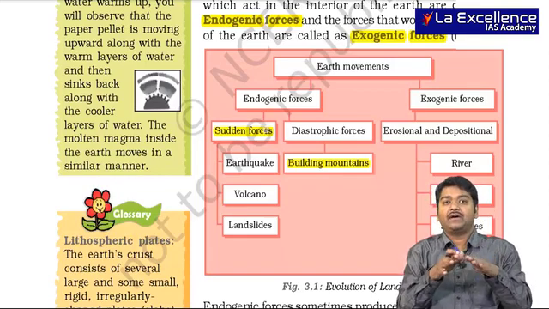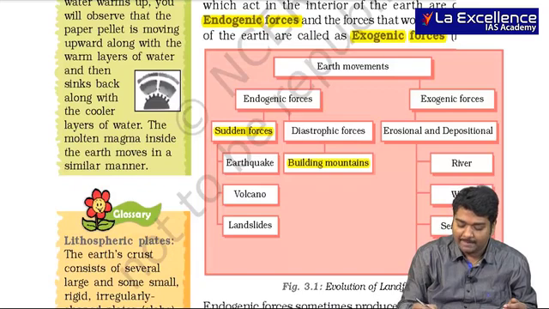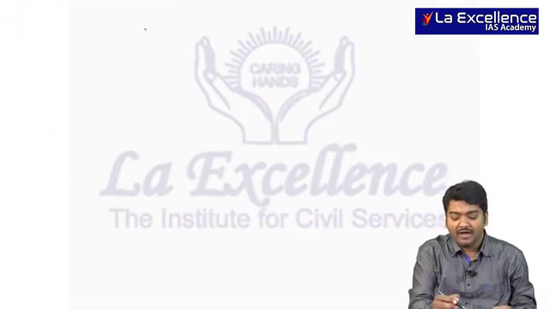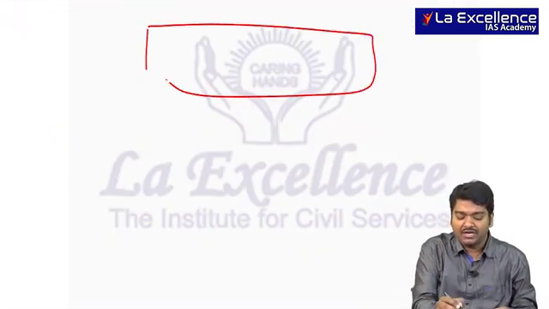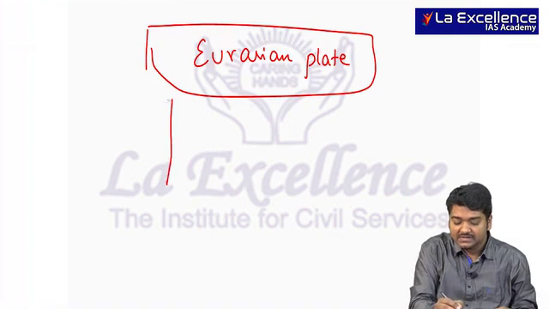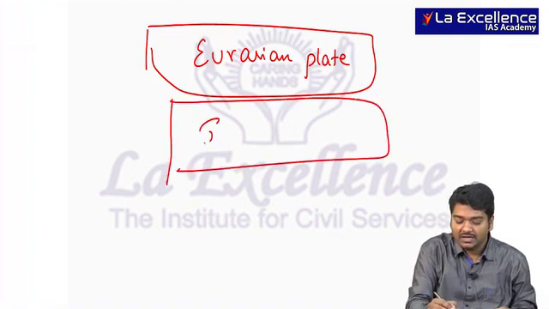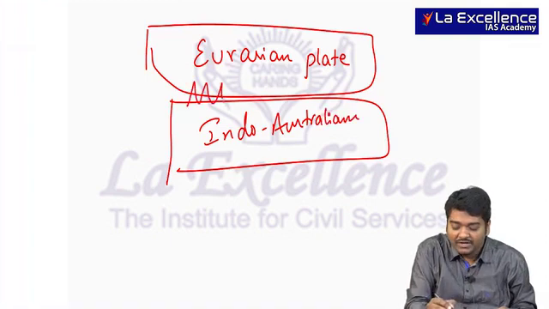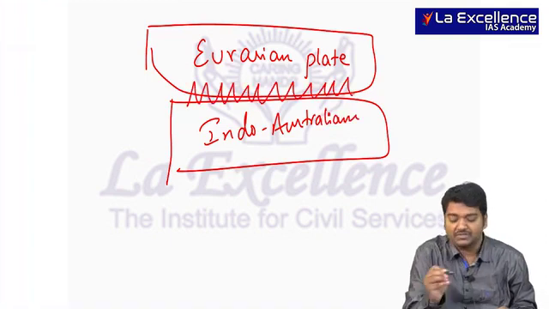Let me take a simple example of the Nepal earthquake. When we were talking about the Eurasian plate, which is meeting the Indo-Australian plate, right? In between you have Himalayan mountain ranges.